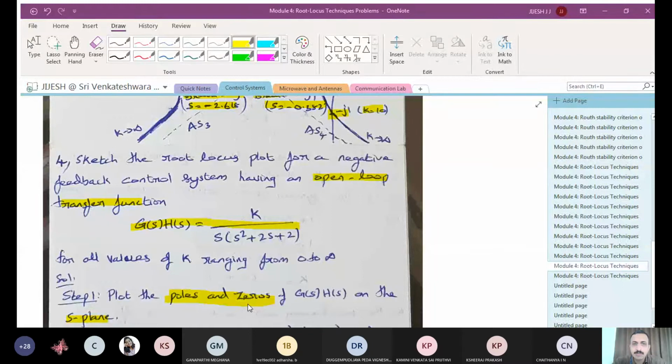So how many zeros are there here? Deepti, how many zeros are available here?